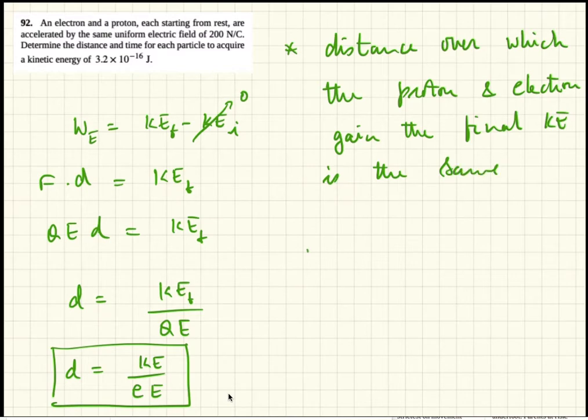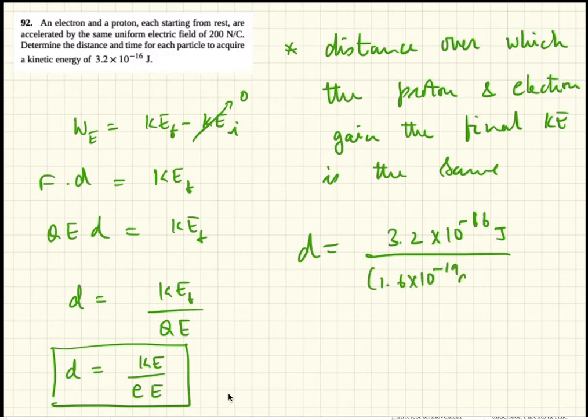Okay. And that distance is the final kinetic energy, 3.2 into 10 to the minus 16 joules, divided by the charge of the proton and the electron, which is 1.6 into 10 to the minus 19 coulombs, and 200 newtons per coulomb.